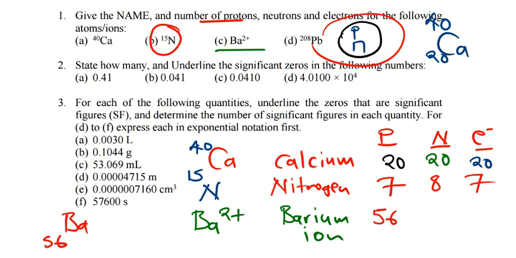The number of neutrons is going to be the difference. The difference between what? The difference between the mass number. So the mass number of barium on your periodic table minus the proton number. Okay, proton number which is 56. Okay, so what you get is a number of neutrons.